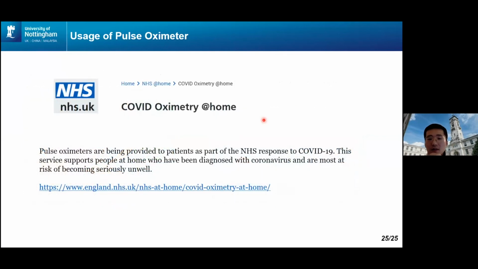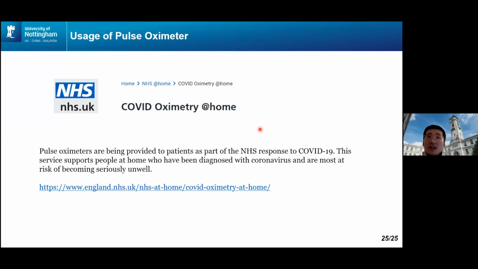Currently, NHS clinics provide oximeters to patients who have been diagnosed with COVID positive. They should call or go to the hospital when they get an unusual SpO2 value from the pulse oximeter the NHS gave them. So it's quite useful for self-monitoring.